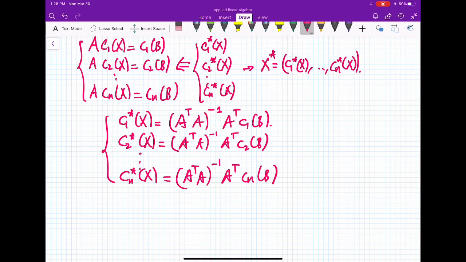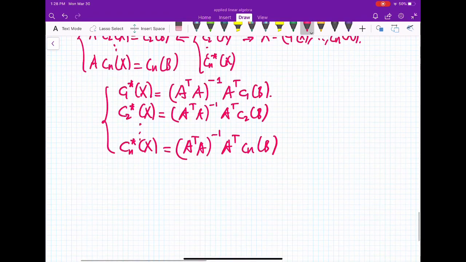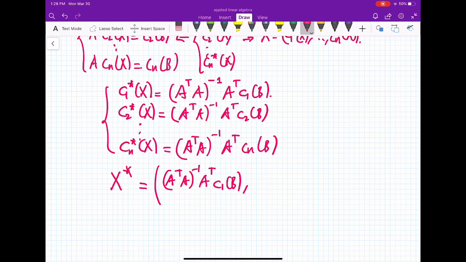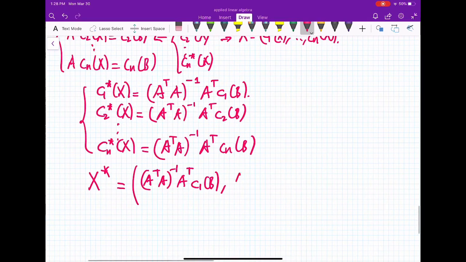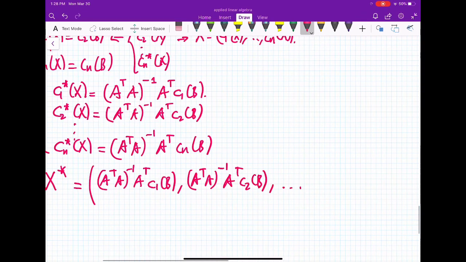Look at this. And then when you write them together, when you set up the matrix X star, you have the following one. X star is equal to what? The first column of X star is (A^T A) to the negative 1 A^T C1B. That is the first column. The second column is (A^T A) to the negative 1 A^T C2B, and so on. The last column is (A^T A) to the negative 1 A^T CnB.